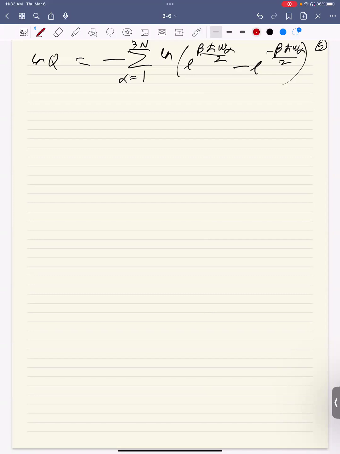Again, something very subtle is going to come now. So I'm going to make a red star here. So you pay attention. It's not obvious what I'm going to do next. So far, the thing that is left is, what the hell is omega alpha? I don't know what omega alpha is, right? It's just shown as a number. It's like, oscillator number 1 has frequency omega 1, oscillator number 2 has frequency omega 2.